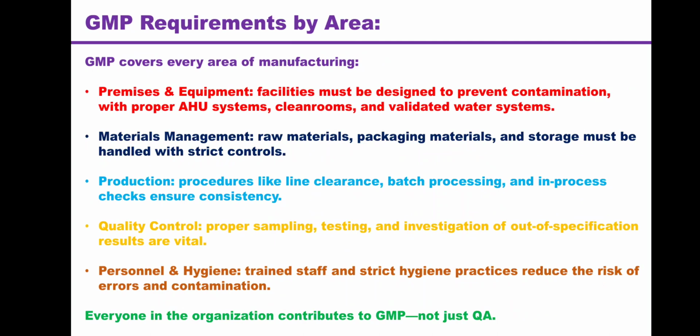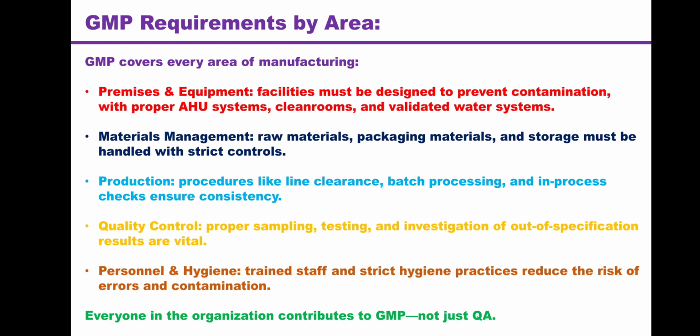Now we'll see the GMP requirements by area. GMP covers every area of manufacturing, like premises and equipment. Facilities must be designed to prevent contamination, with proper AHU systems, clean rooms, and validated water systems.